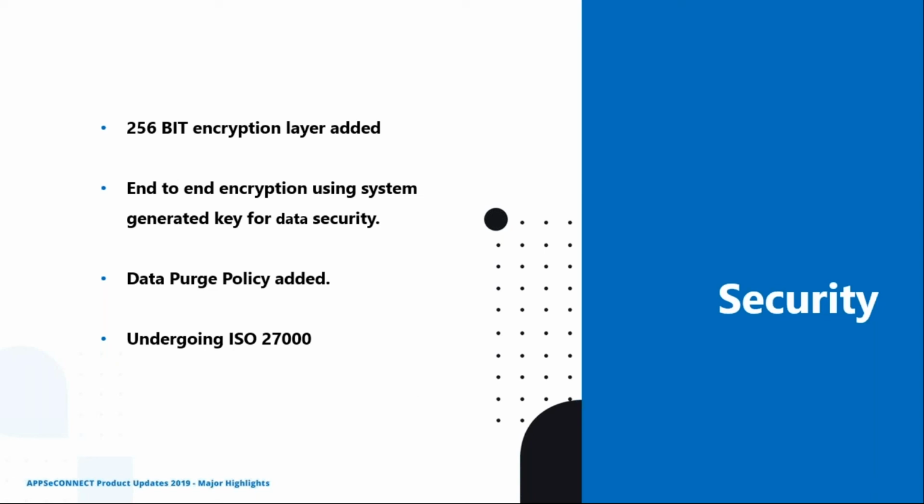Throughout this year, and we are still going on, is the ISO 27000, which is also a security enhancement that we are doing on all the systems, not only the product. We are going beyond the product, doing security enhancements on all the areas, and we will be certified.